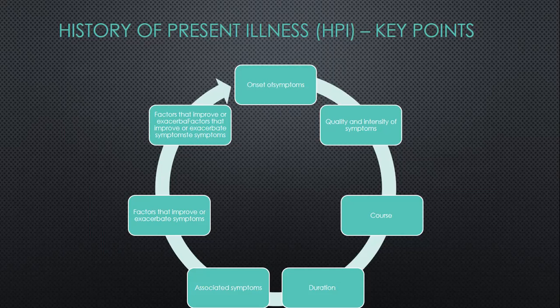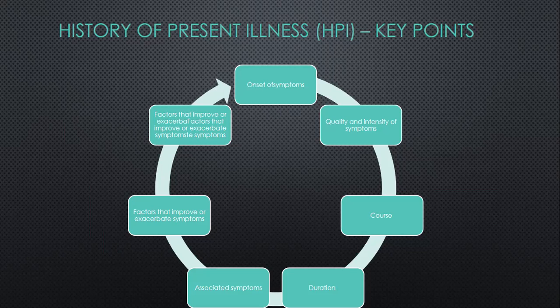Okay. Another example would be how constant it is. If the pain is present all the time, if it is present only at nights, if it's present in the mornings. Okay. Those would be examples.